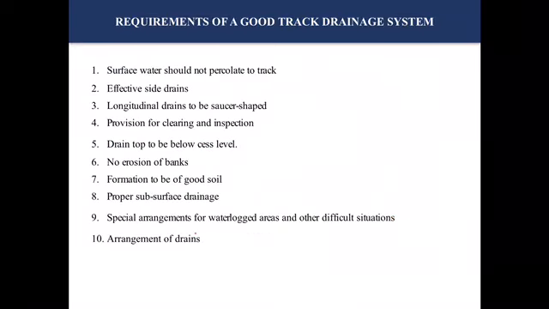So we'll now look into what are the requirements of a track drainage system. The first and foremost requirement is that the surface water should not percolate into the railway track. Not only the surface water, but also the underground water should be well away from the track and also the banks and cuttings over or through which they run.